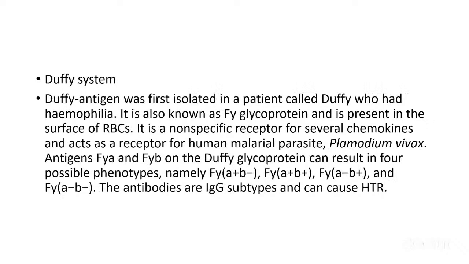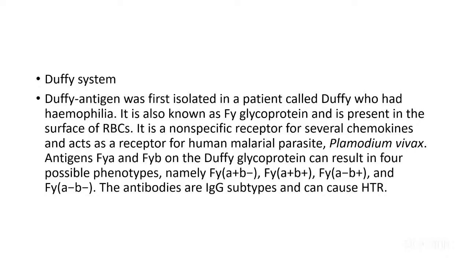Then we have the Duffy. We're just looking at very few of them. The Duffy antigen was first isolated in a patient called Duffy who had hemophilia. It is also known as FY glycoprotein and is present on the surface of RBCs. It's a non-specific receptor for several chemokines and acts as a receptor for the human malaria parasite, Plasmodium vivax.